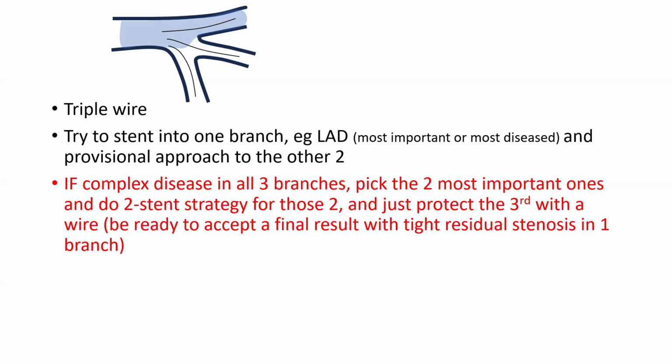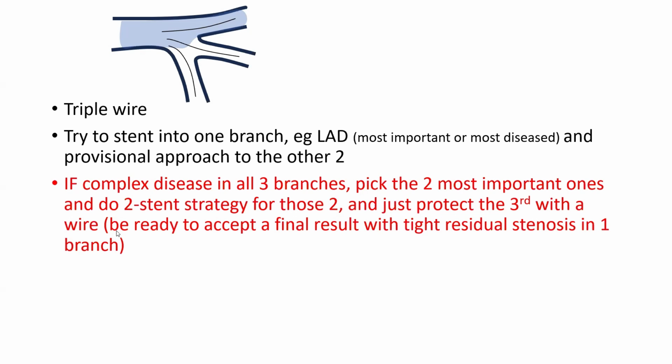Now, if you have complex disease in all three branches, meaning not only are they all diseased more than 50%, they are diseased more than 70% with complex disease, in those cases, pick the two most important ones and do a two-stent strategy for those two, and just protect the third branch with a wire.